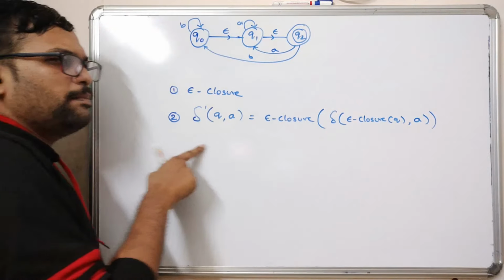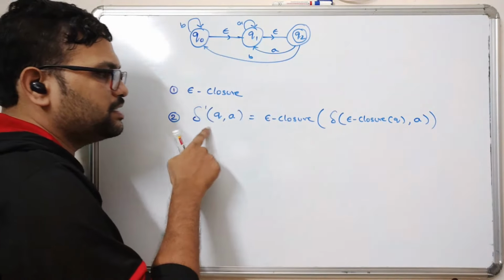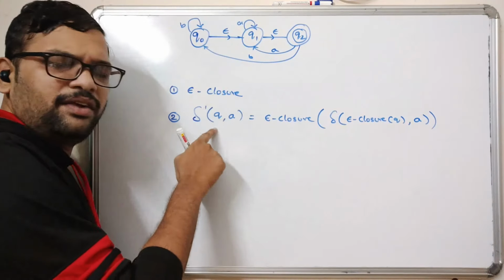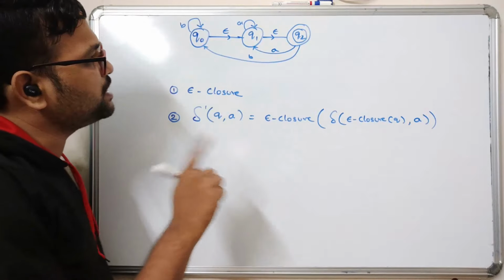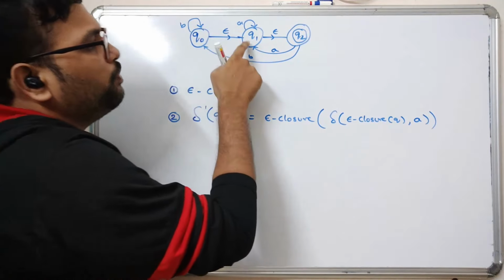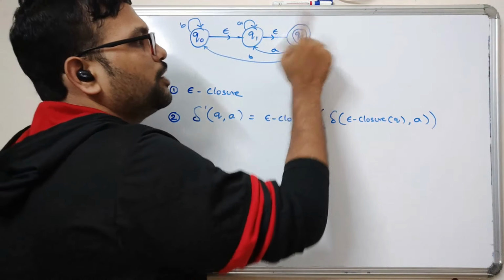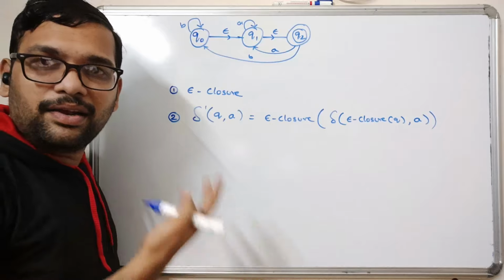So just remember this function. We need to apply this function to find the transition of any state with any input symbol. We need to find the states with all the input symbols. For example, here you need to find Q0 with a, Q0 with b, Q1 with a, Q1 with b, Q2 with a and Q2 with b, right? By applying the same function we'll get different states.